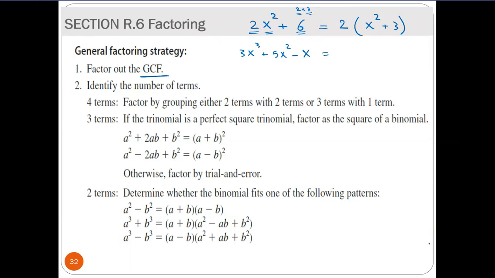So the common factor is x to the power of the least exponent.